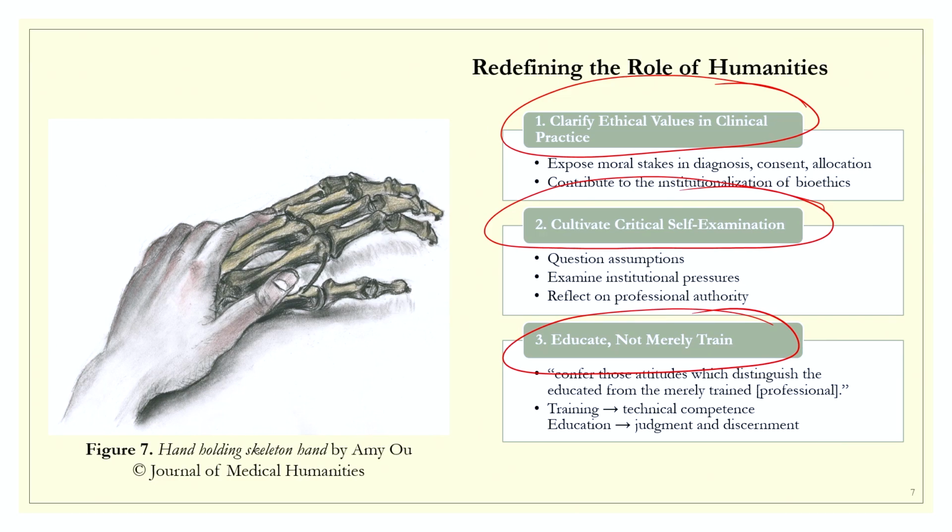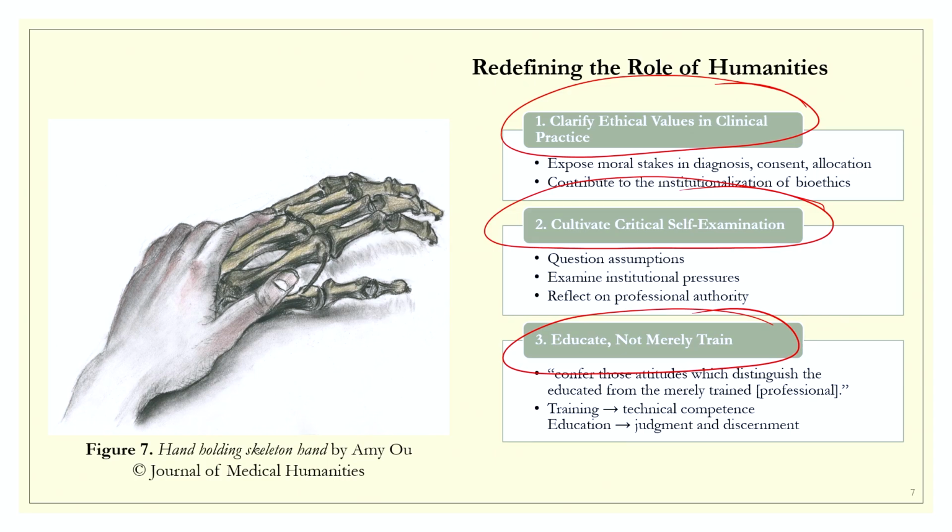In fact, bioethics is the first word we will begin with. Secondly, the humanities must cultivate critical self-examination. This meant that physicians must question their assumptions, recognize institutional pressures, and examine how authority operates in practice.